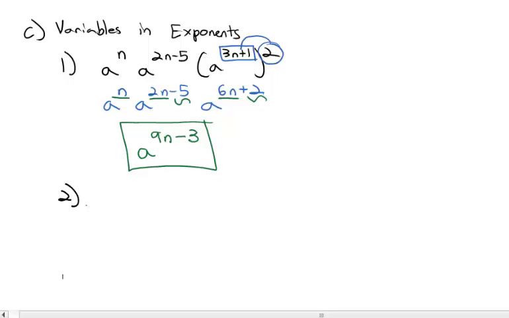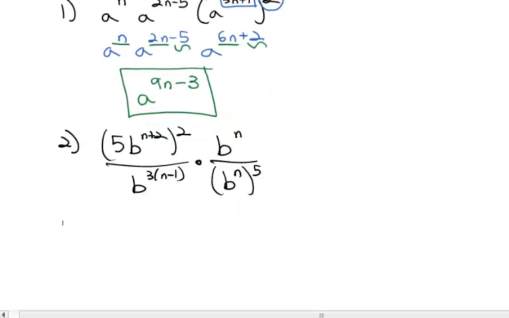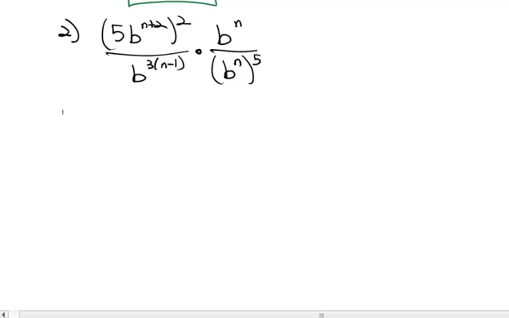Let's try another example. Let's do 5b to the n plus 2, squared, over b to the 3 times n minus 1, times b to the n, over b to the n to the 5th power. Again, we need to take care of the exponents first by putting the squared onto each factor.